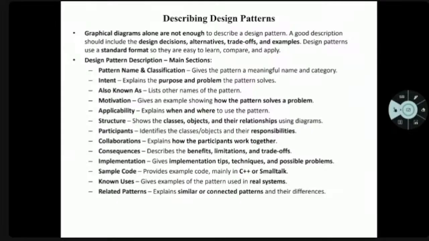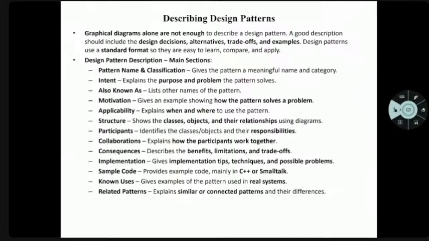To overcome that, we go with describing design patterns, where each and every pattern is going to have design decisions, alternatives, trade-offs, and examples included. For design patterns, we have multiple parameters, nearly about 12 to 13 parameters.